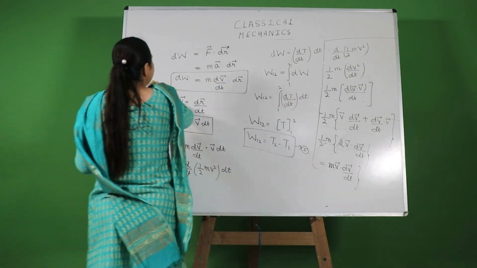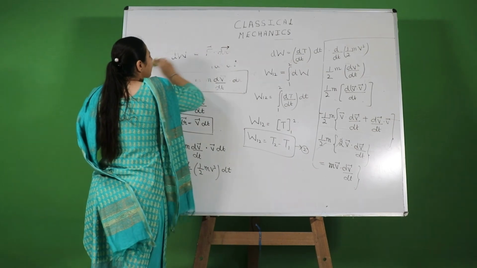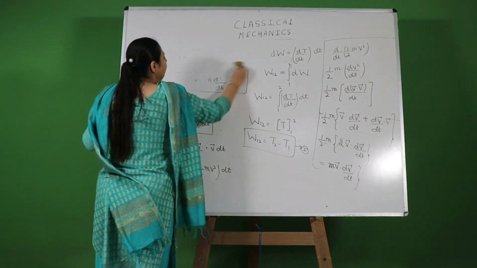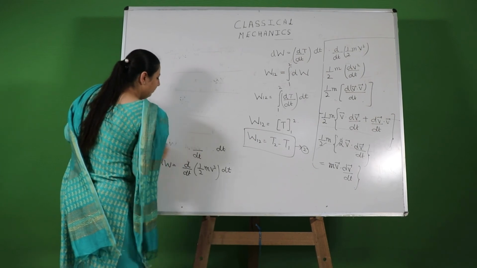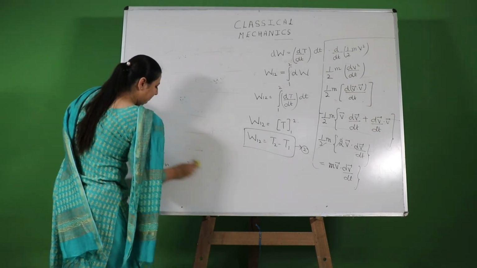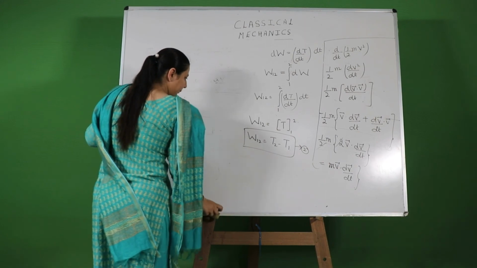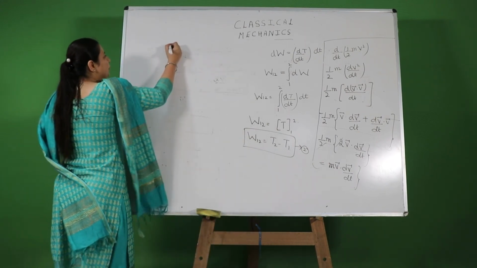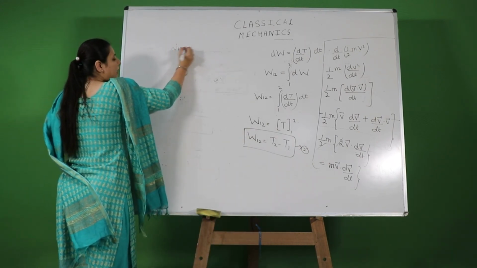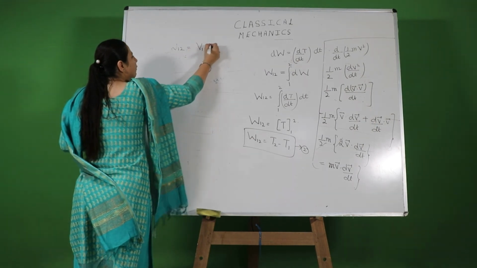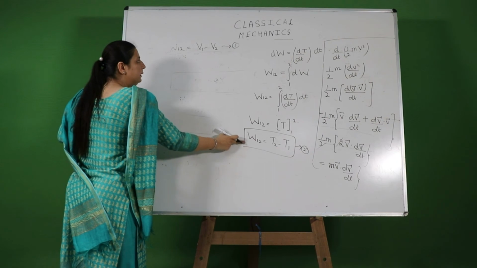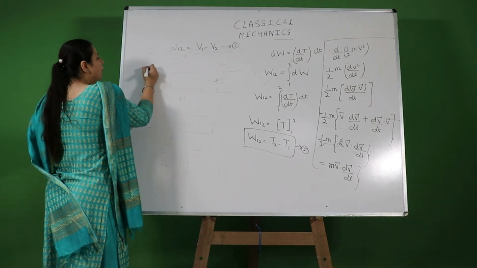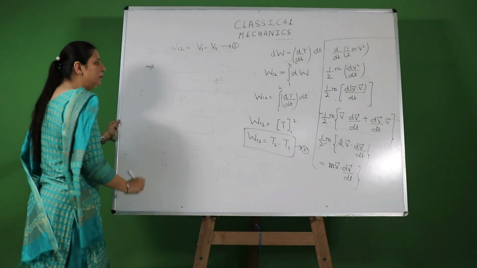Now, if I compare this relation with my first equation, from the first equation we have written W12 as V1 minus V2. So from 1 and 2, their left hand sides are the same, which means their right hand sides would be the same.